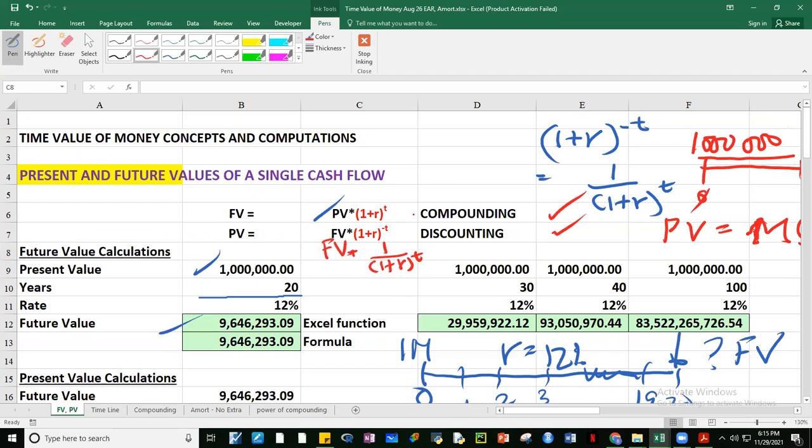Negative t indicates that you can replace this by 1 over (1 plus r) raised to the t. So that's discounting. That's the discount factor.